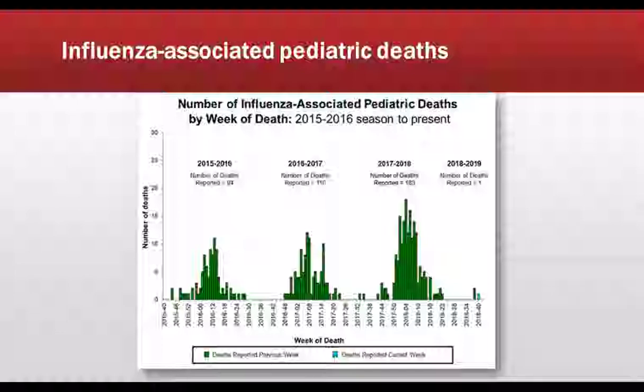In line with last year being a more severe season, the number of deaths reported was over 180. Many of these children do have underlying conditions, but many of them also are otherwise healthy. And so to protect our children from influenza, they should be vaccinated. The other side benefit, which I'll mention again later, is that children are the vectors in the community. And so vaccinating them also protects all the people, the adults, the grandparents that they come in contact with.